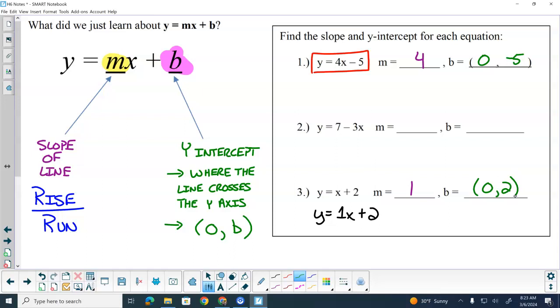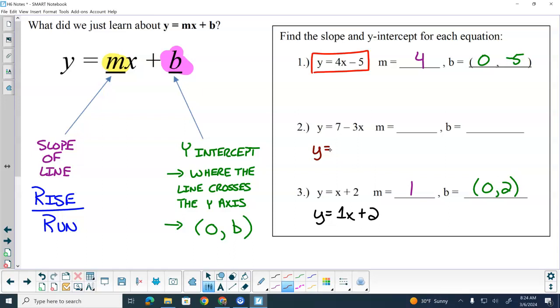Number 2. Do I have it written in y equals mx plus b form? It's the other way around, right? So first I have to rearrange it so that it's in y equals mx plus b form. This is where you guys have been wondering why I've been saying that writing it like this is wrong. The reason I've been saying up to this point that writing it like this is wrong is because it's not in y equals mx plus b form. And I wanted to get you into that form.